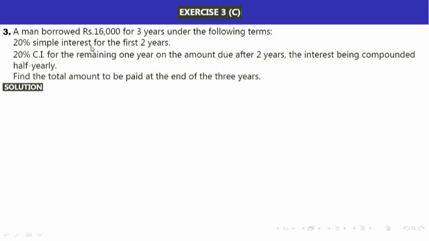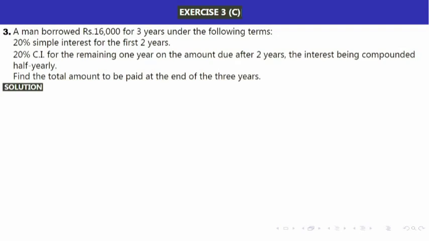Okay. Now, after the tenure for simple interest gets finished, after 2 years, however much he gets, that entire amount is being spent for 1 more year on 20% compound interest. Interest being compounded half yearly, right?